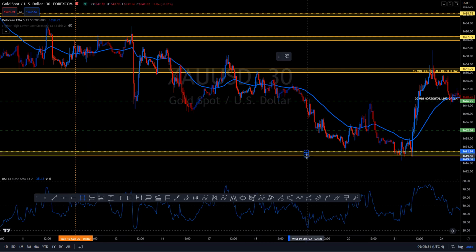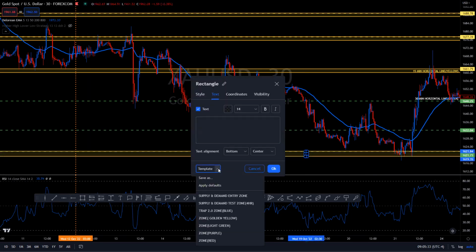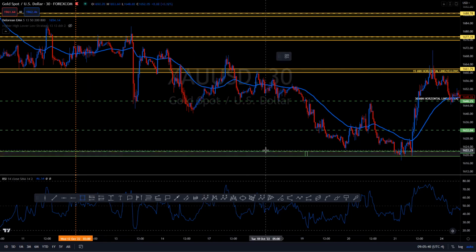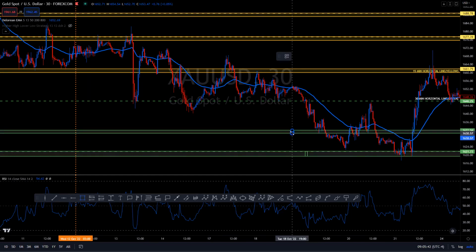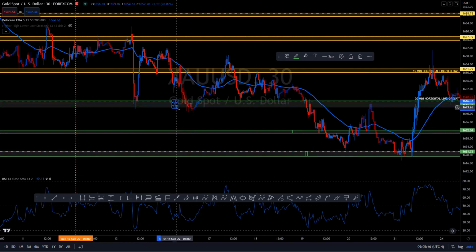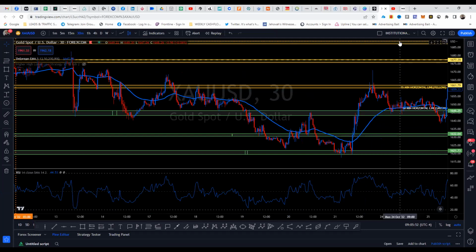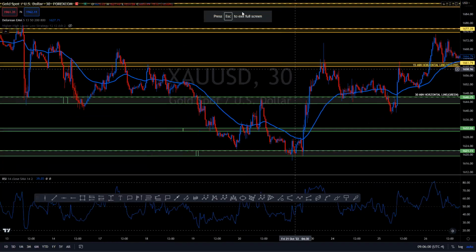So we're going to make this green. So these are the areas too. Let's go ahead and move on to the 1 hour here.